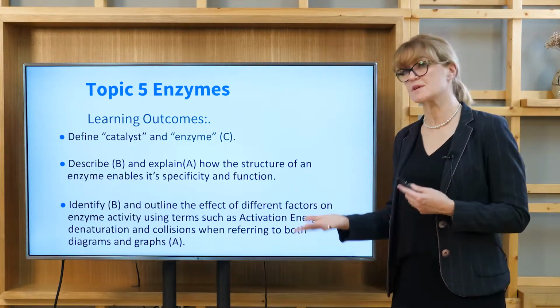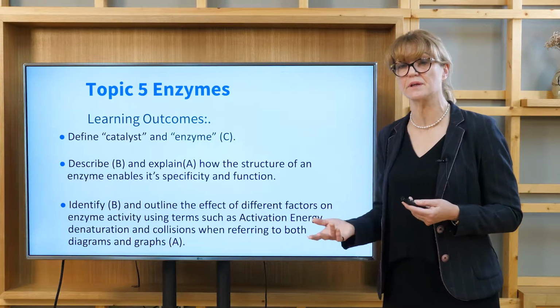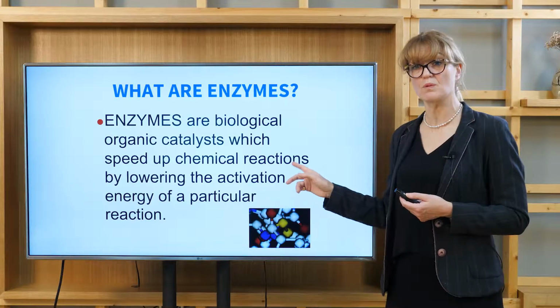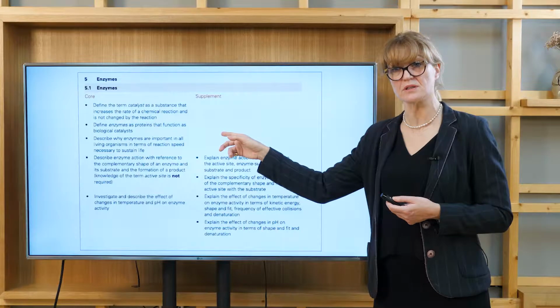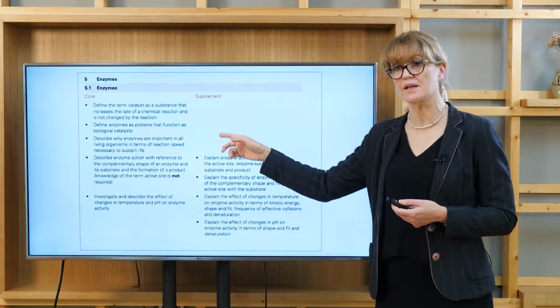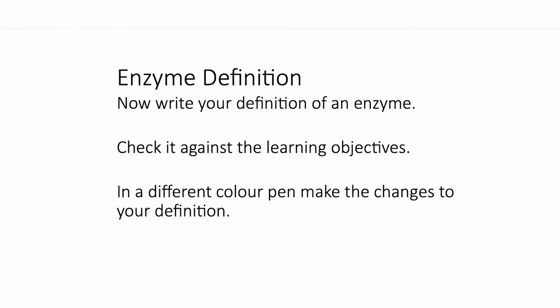They won't know. Some of our students won't even want to give an answer, but you've got to encourage them to write down something. And then I want them to check it against this PowerPoint, okay, what is there? And then I want them to check it against what's here in the specification. And this is the definition they've got to know. So when they see that, they can get that down in their books, and they know that they're starting off at a good spot. Okay.